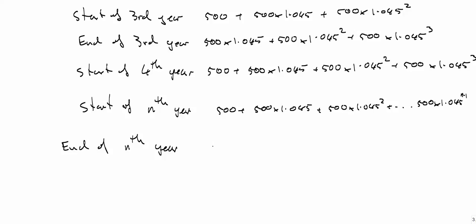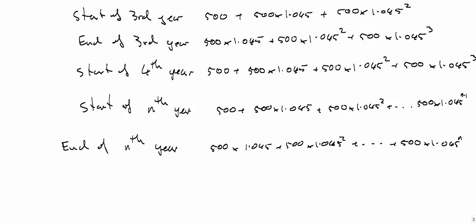So that would be 500 times 1.045 plus 500 times 1.045 squared, plus until we get 500 times 1.045 to the n minus 1, times 1.045 gives you 500 times 1.045 to the n. Now this is a geometric progression, a geometric series. We are just multiplying each term by 1.045.